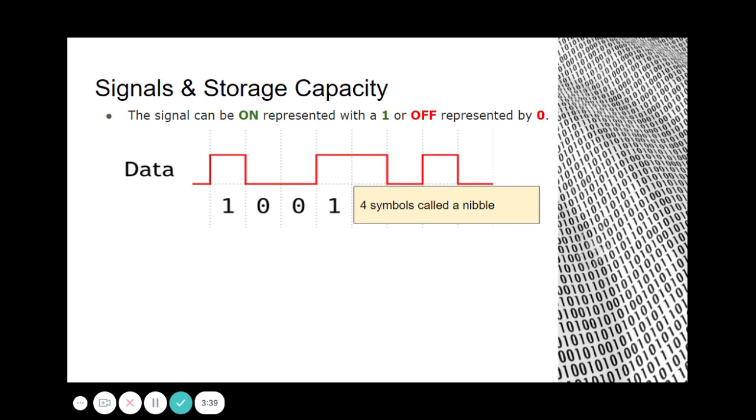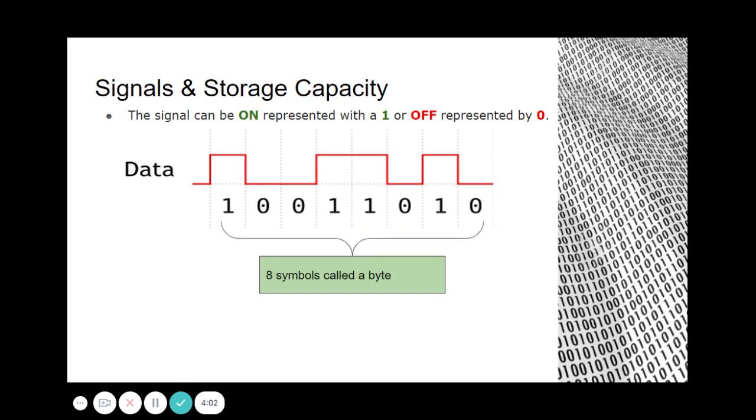They don't have to match what I have here. It doesn't have to be on, off, on all the time. It could be off, off, off, off. As long as there are 4 symbols, we call that a nibble. It could be on, on, and that would be 4 symbols again. So a group of 4 symbols, 4 binary bits, is called a nibble.